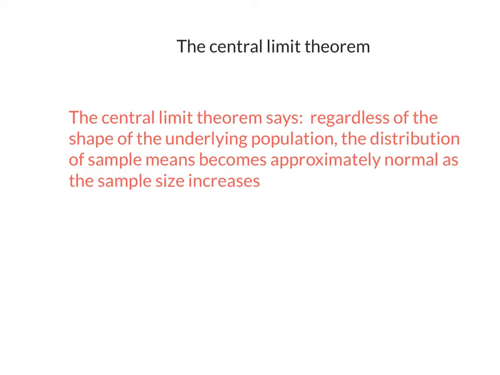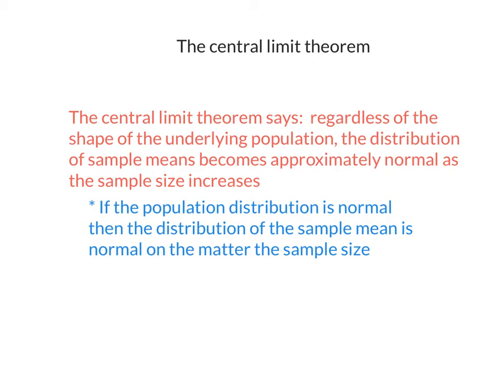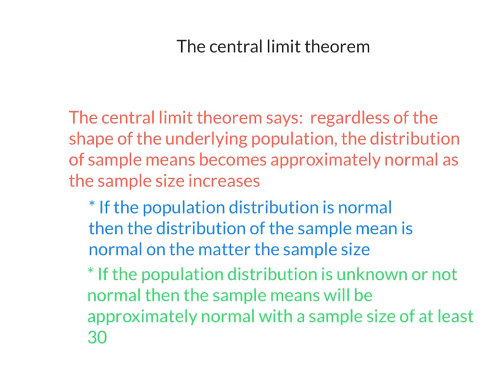Now there are a couple of conditions to this, so let's take a look at each of them. The first condition is if the population distribution is normal, meaning they tell you the distribution is normal in the original problem, then the distribution of the sample mean is normal no matter what the sample size is. The second condition is if the population distribution is unknown or we know that it is not normal, then the sample means will be approximately normal with a sample size of at least 30.